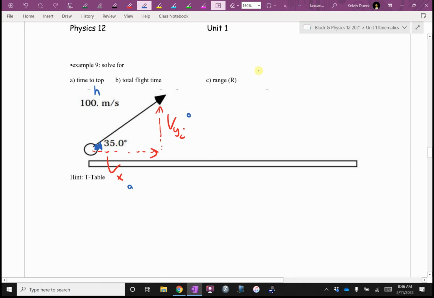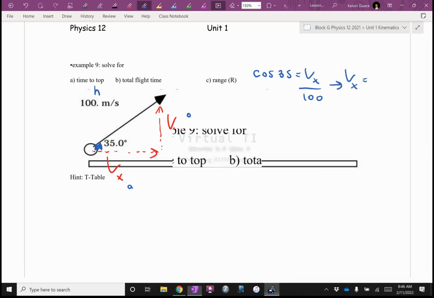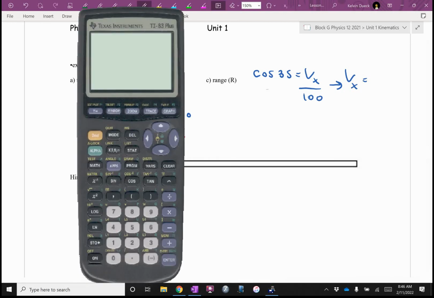Cosine. So it's going to be cos 35 equals Vx over 100. Vx is going to be, they're getting their calculators out. Excellent. They might even want their formula sheets. 100 cos 35.